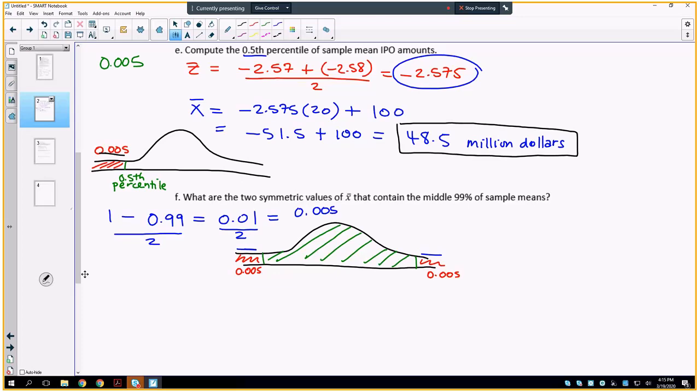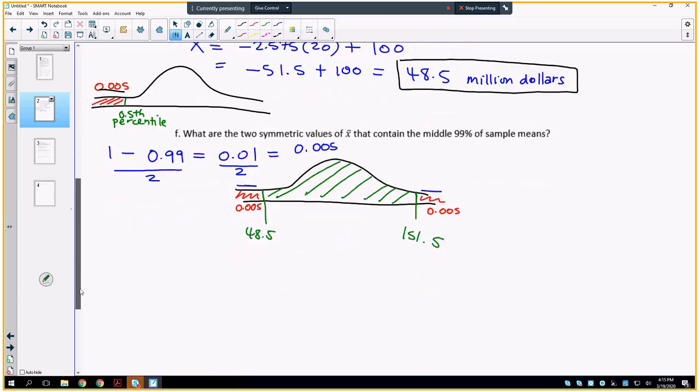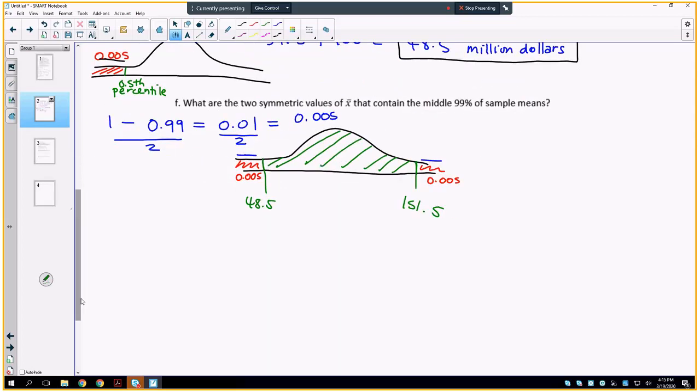And I know that the corresponding values are $48.5 million and $151.5 million, because those were the answers in parts D and E. So I've answered the question. The two symmetric values of x bar that contain the middle 99% are $48.5 million and $151.5 million.